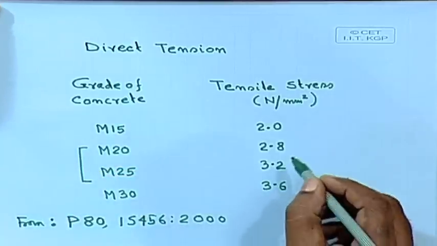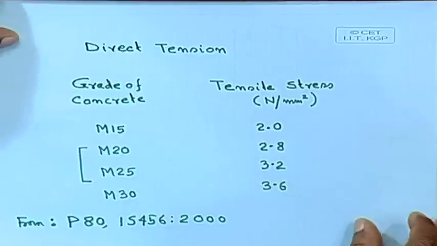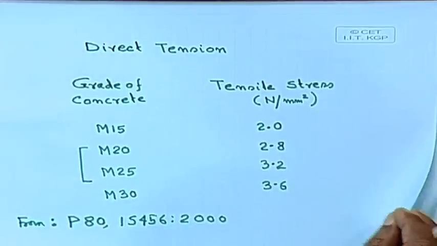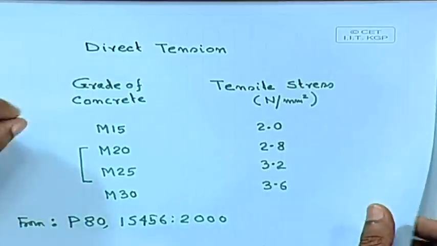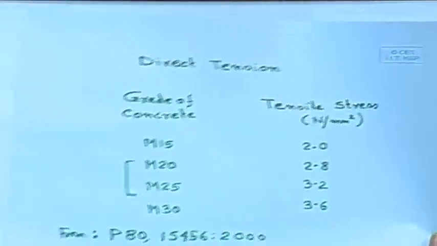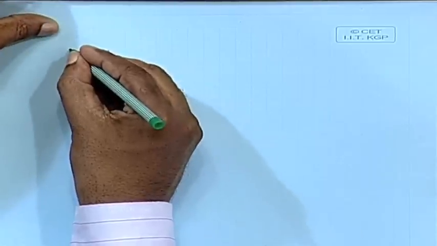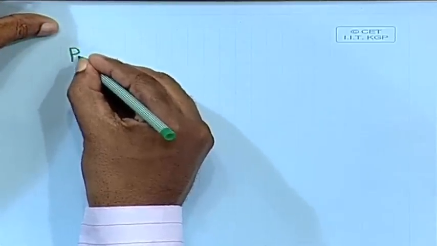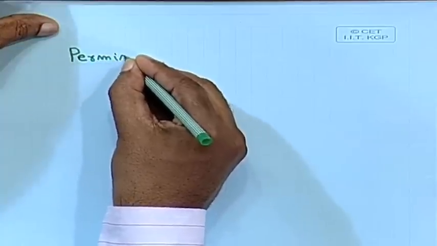We could remember 2.8 and 3.2. Otherwise, of course, it will be specified in the question paper. I can go to the next one, because we should know the permissible stresses, otherwise we cannot design.